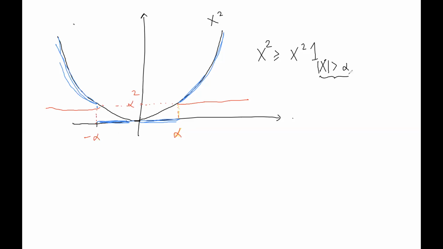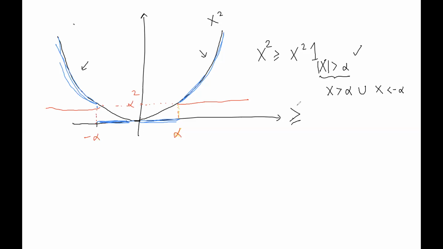So this condition, we know that this means x larger than alpha, union x less than minus alpha, right? Which basically are these two parts, okay? So at these two parts it is x squared, but outside of that it is basically just flat. Okay, so this is correct.